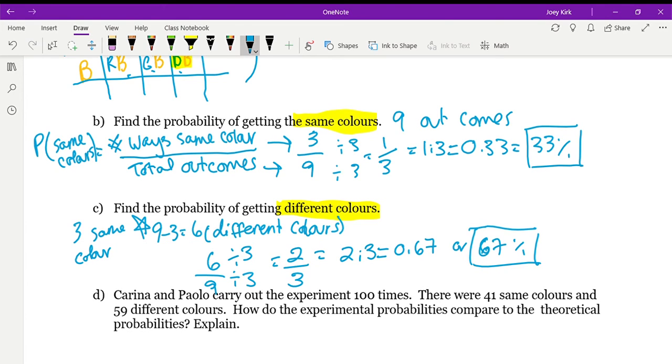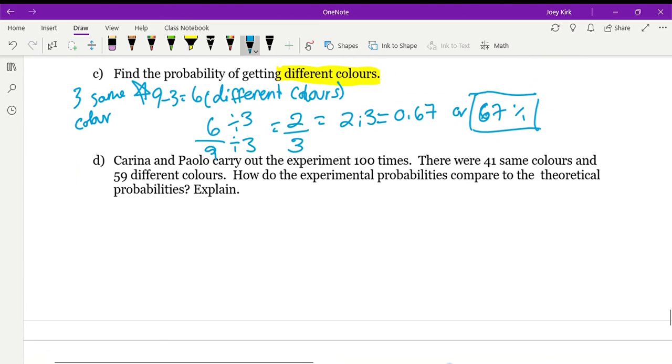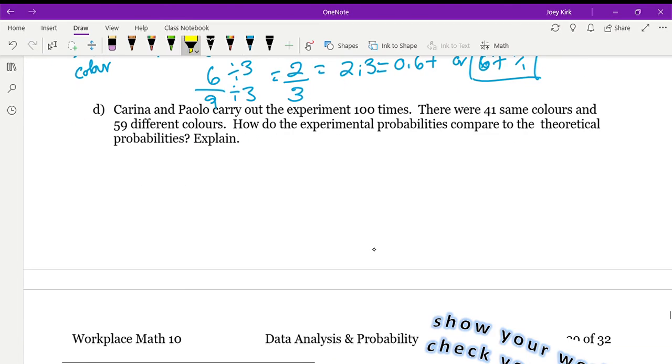Now, last but not least, Karina and Paolo carry out the experiment 100 times. They find that there are 41 of the same colors and 59 of the different colors. How do the experimental probabilities compare with the theoretical probabilities? Okay, so this is an interesting question.